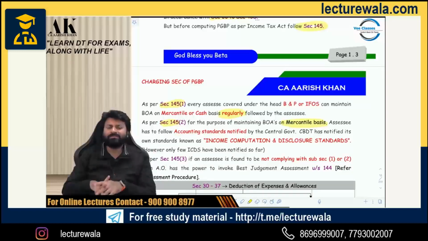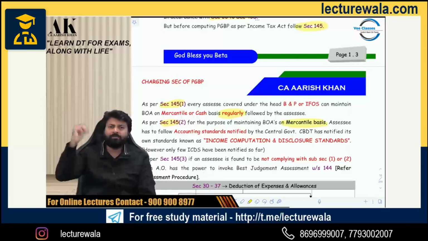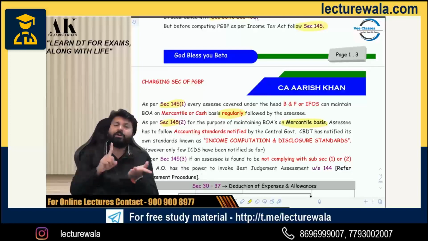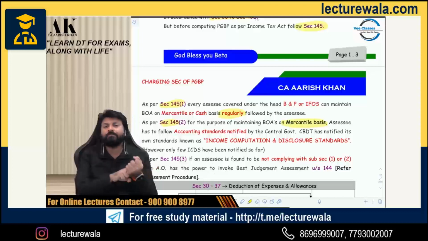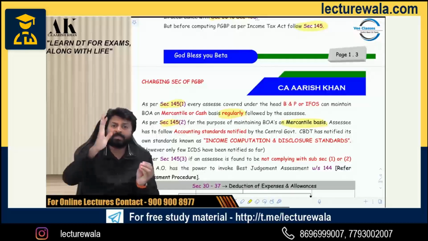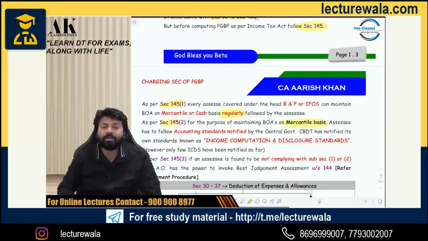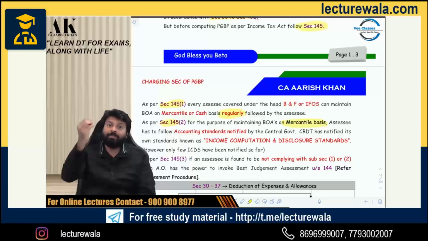Subsection 3 tells about assessments, which you may not understand properly now. Later on we'll be doing, but still I'll say once. Subsection 3 says that if you do not follow subsection 1 or 2, if you violate subsection 1 or subsection 2, then the assessing officer will do best judgment assessment of yours. Best judgment means what?